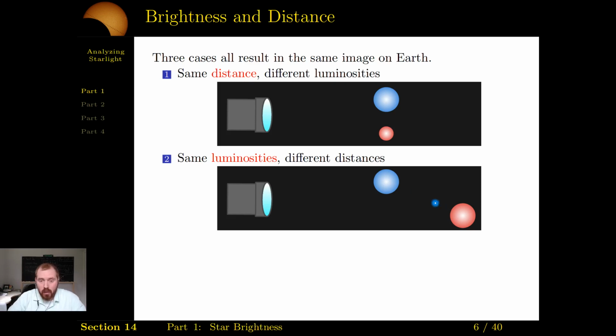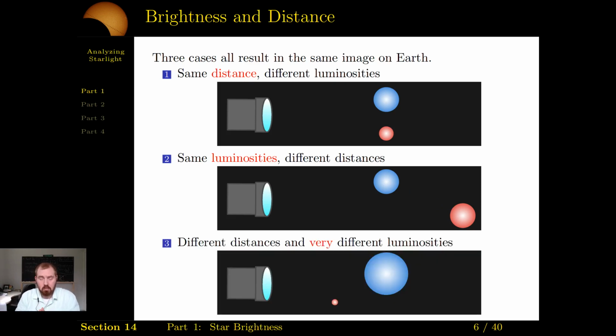So they could have equal luminosities and just be a different distance. Or the most complex case, which is most likely what's going to be out there, is that they are different distances and different luminosities. You could have one star be a lot closer to us, but the other star is significantly more luminous. All three of these cases are going to result in the same picture for us here on Earth.